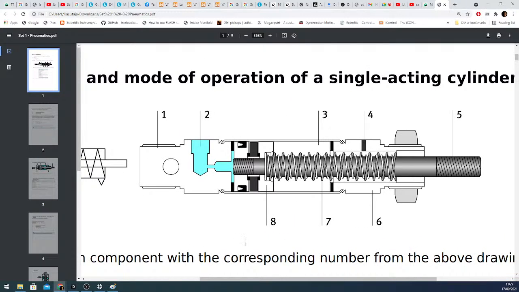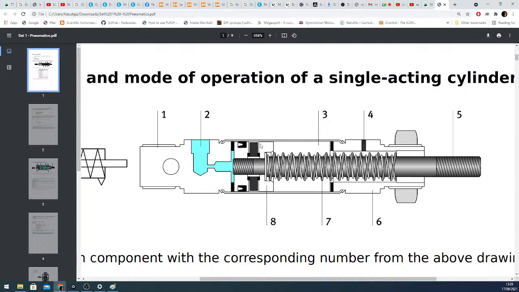In general, it looks almost the same. On this cross section picture, we also see the magnet here, the magnetic ring that we can use for the magnetic sensor, which I was talking about earlier. It actually existed on the other cylinder too, but it wasn't shown.